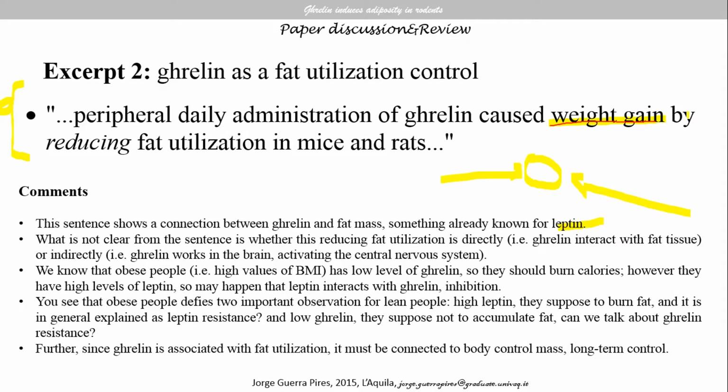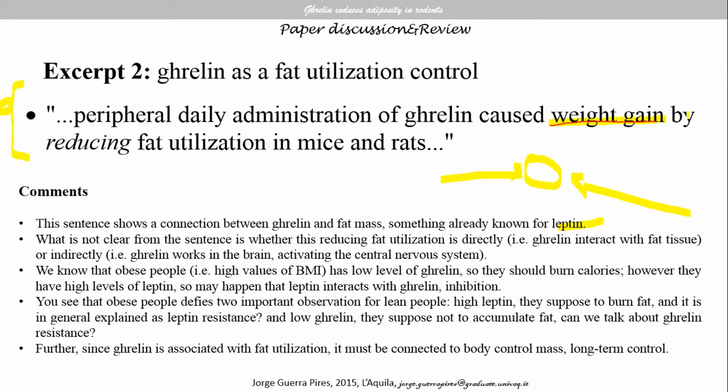One saying that the connection to the fat was done by ghrelin going directly to the fat, or it was done by the central nervous system. It's not answering the right question. We know that obese people, people with a high body fat index, have low levels of ghrelin, so they should burn the calories.